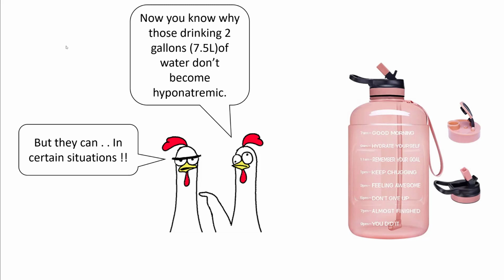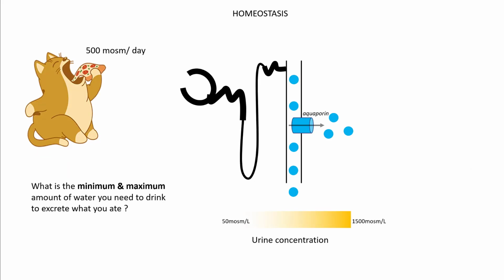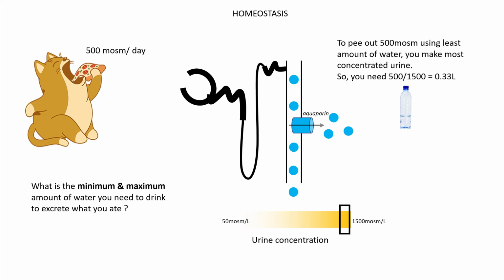Let's understand that now. What if you are not eating a normal American diet? Say you're not feeling well and you just ate half your diet, that is around 500 milliosmoles per day. What is the minimum and maximum amount of water you need to drink to excrete what you ate? So to require the minimum amount of water to drink, you again make maximally concentrated urine, that is 1500 milliosmole.